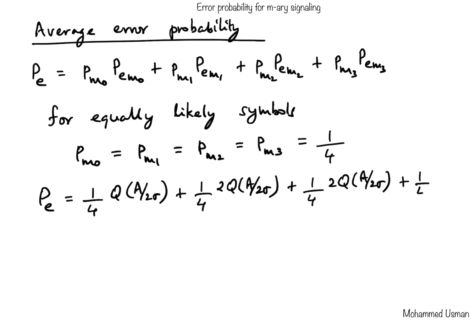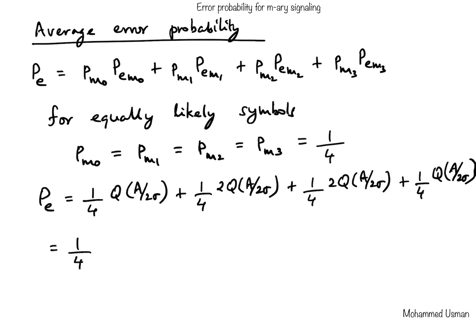And the fourth one, PM3, is 1 by 4, and the outer one has Q of A by 2 sigma.